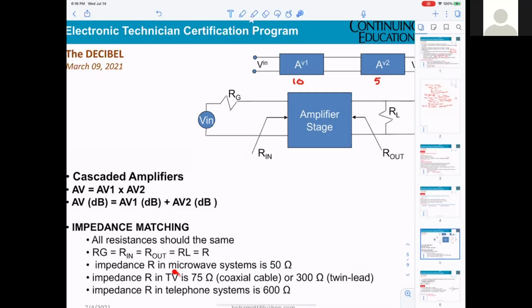Impedance in TV, 75 ohm for coax cable or 300 ohm for twin lead. Impedance in telephone, 600 ohm. That will be a fixed value.